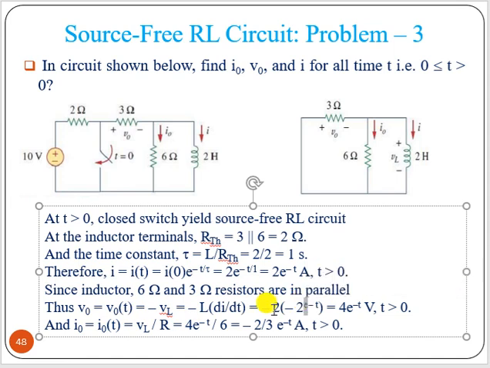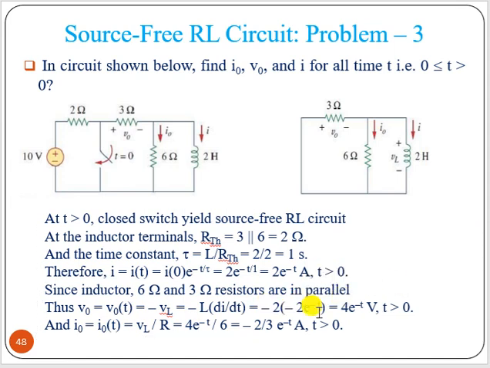Then you can find this value as 4 e to the minus t. Then you can find this I0, that is VL divided by R. So you get the value of I0 that is flowing through the 6 ohm resistor.